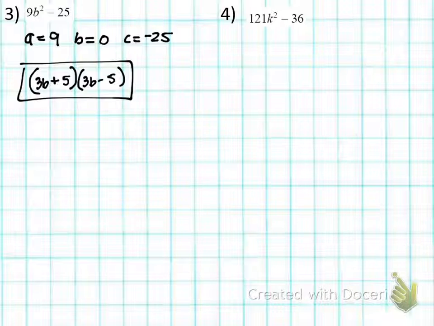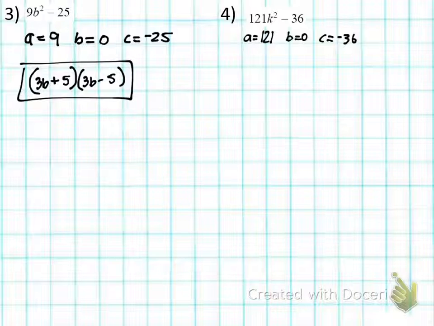Next one, number 4. What's A equal to? B? C? Is there a B? No, so that's your hint. Are A and C perfect squares?